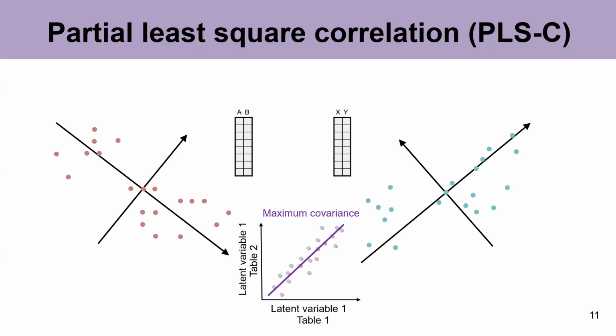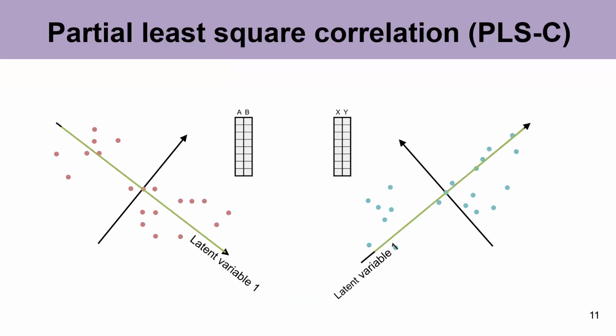We still have the idea of the new axes in the original data. I could still just rotate these two figures and treat this as my new variable one, and this as my new variable two. I can do that, but it's just not how we usually visualize it in PLS.